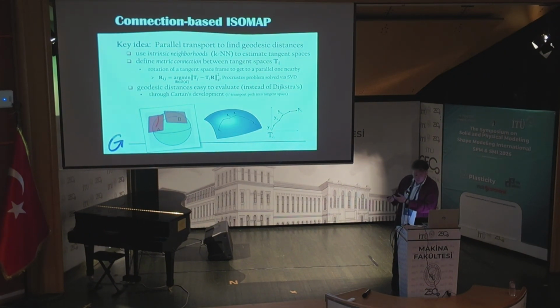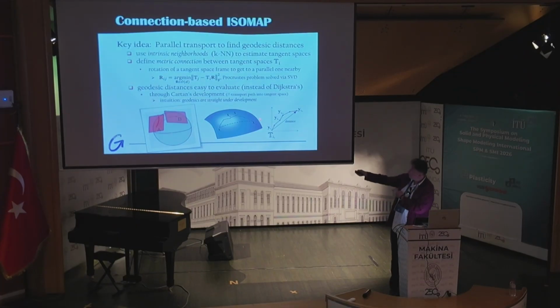And now if I'm asking you what is the distance between I1 and IM, Dijkstra will just sum all these little distances here. But with this Cartan development, you actually know that a much better estimate of the distance is simply from this point to this point.